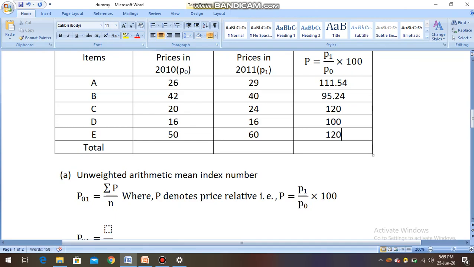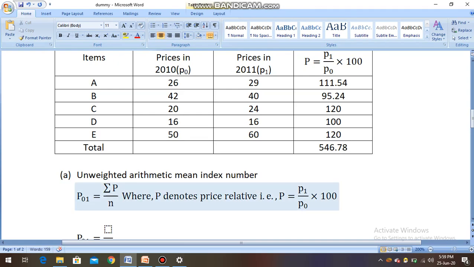Then we need summation p to substitute in the formula. Summation p means the total of this column p. For this you just add all these values, that is 111.54 plus 95.24 plus 120 plus 100 plus 120, we'll get 546.78.